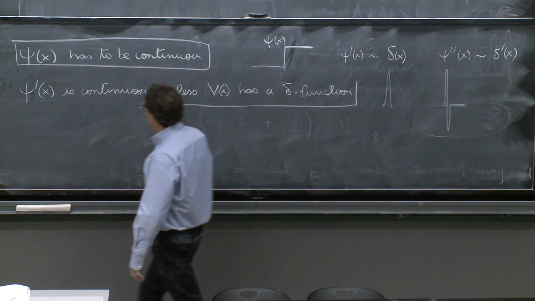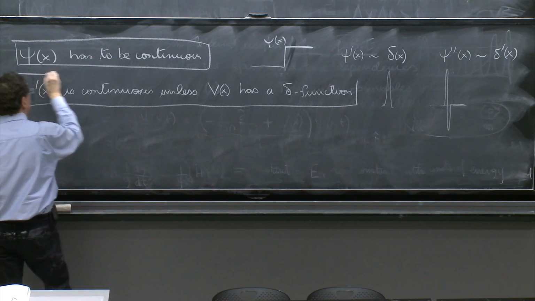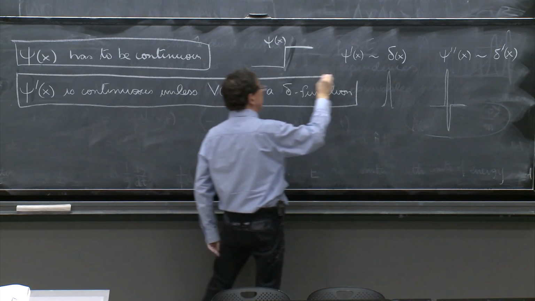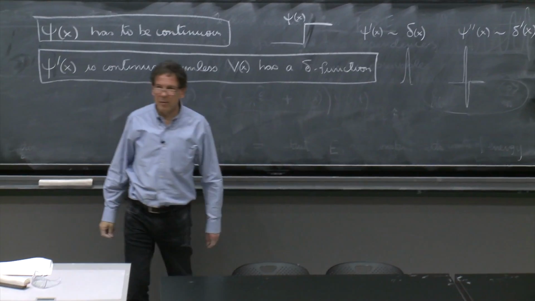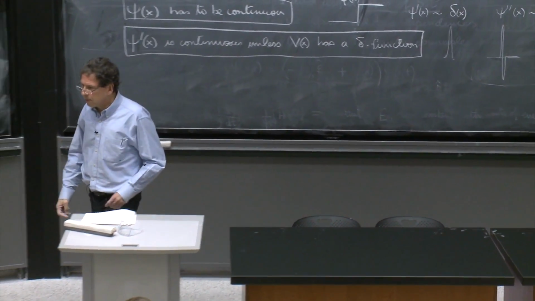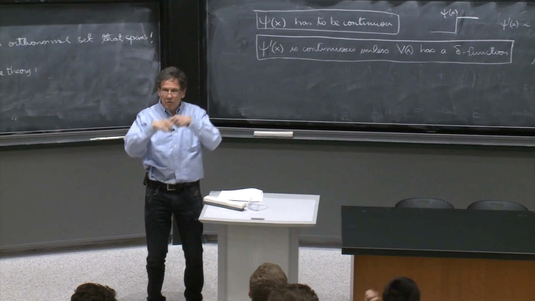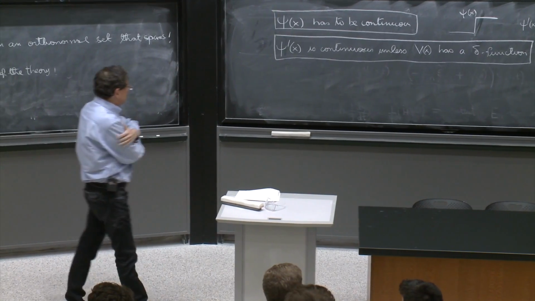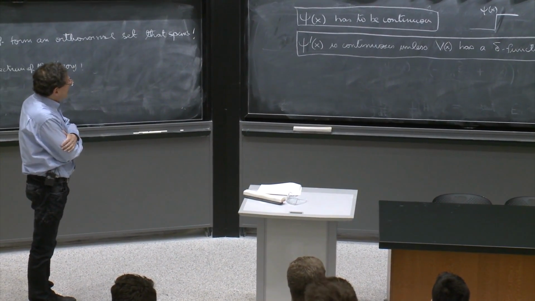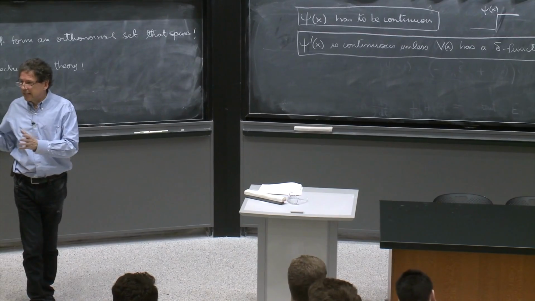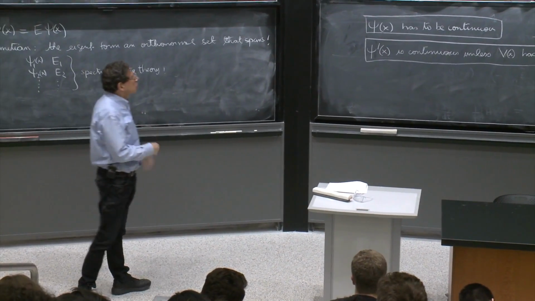Potentials with delta functions are nice, they're interesting. We will consider them. Delta function potentials can be attractive potentials, repulsive potentials, they're quite interesting. So I claim now that psi prime of x has to also be continuous.